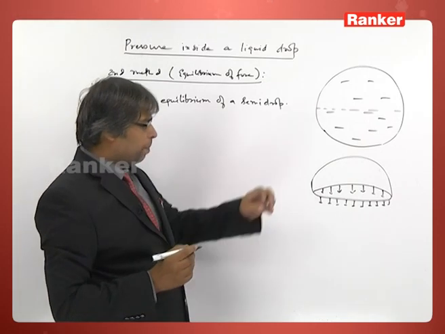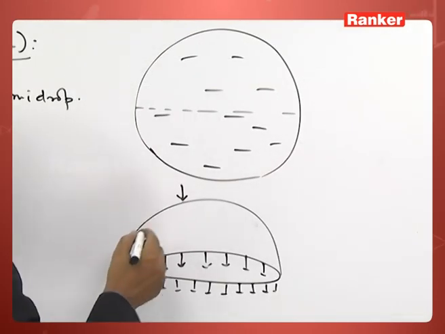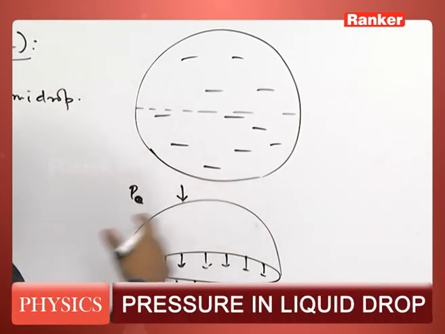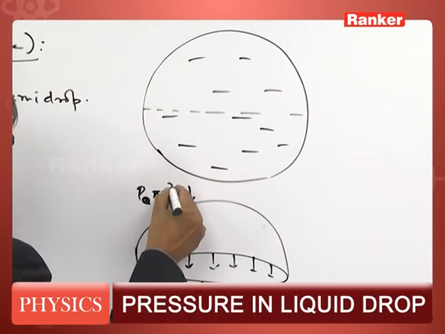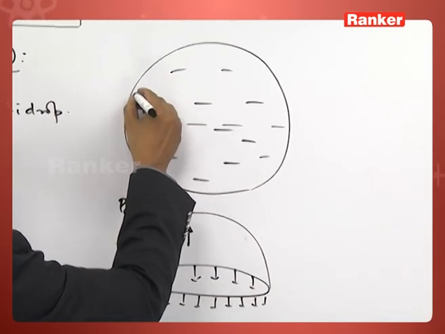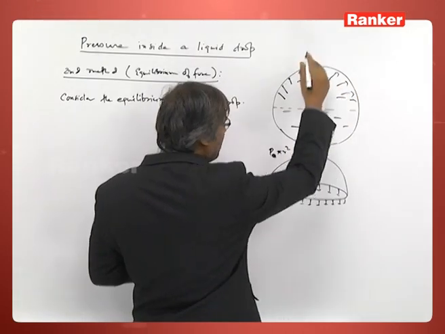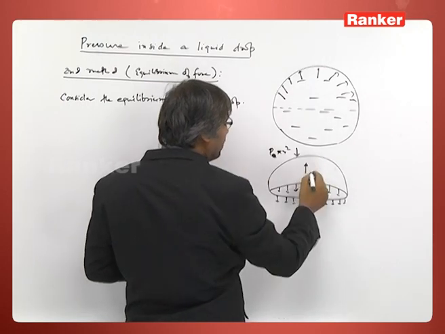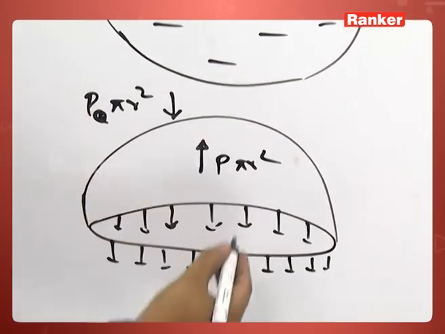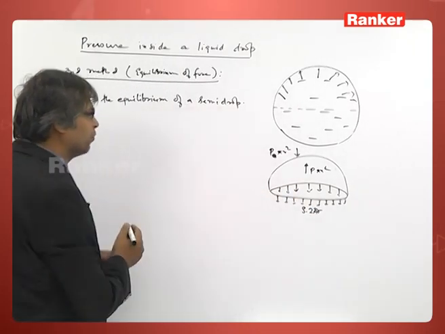Now you see there are some external forces. The external atmospheric pressure is P naught, and so the total force is P naught times the cross section, that is pi r square. From inside also the liquid will exert a pressure force from all directions, and the resultant outward is P inside times pi r square, and the total length is 2 pi r, so 2 pi r into S is the surface tension force.